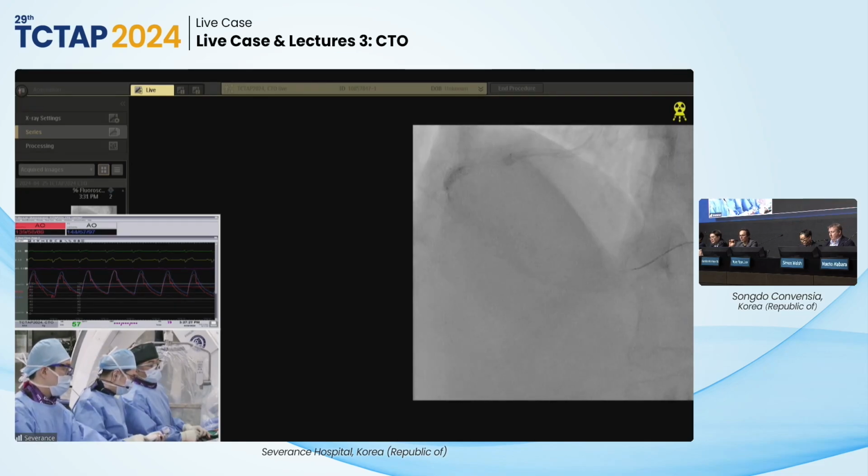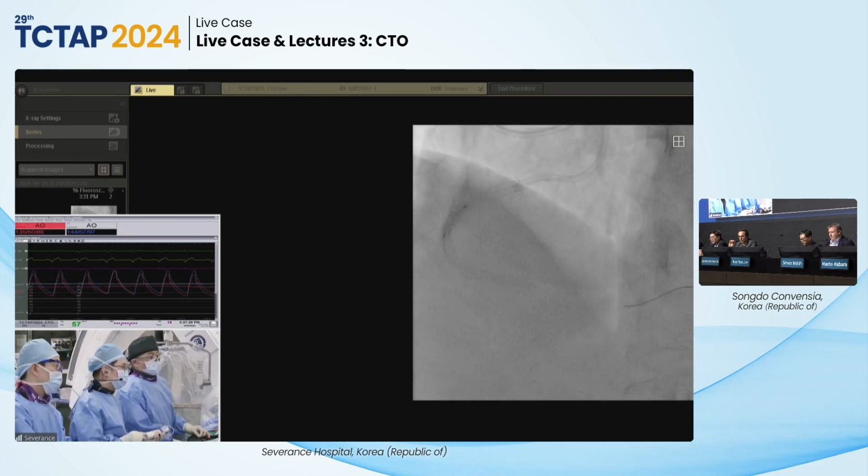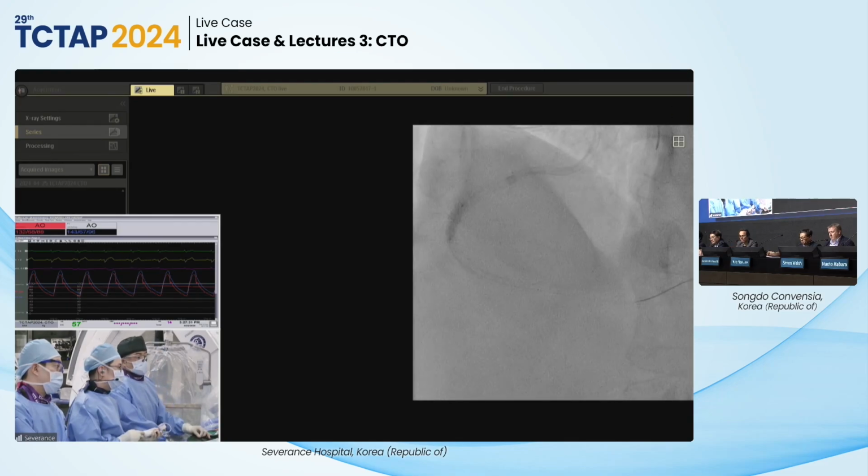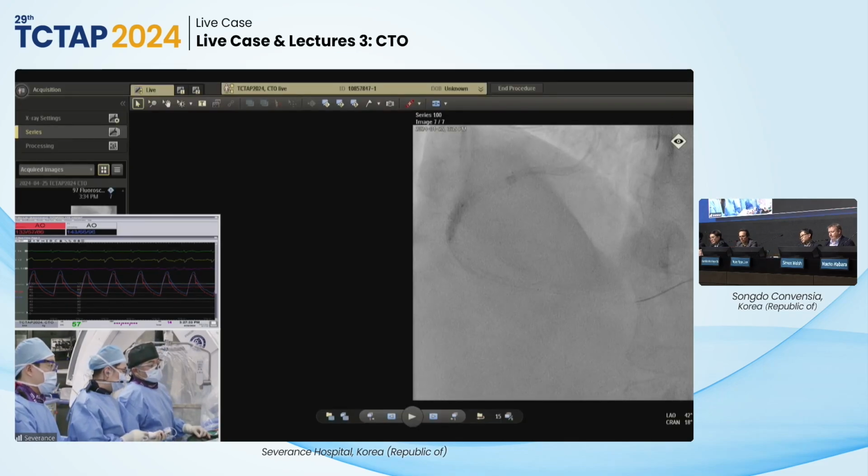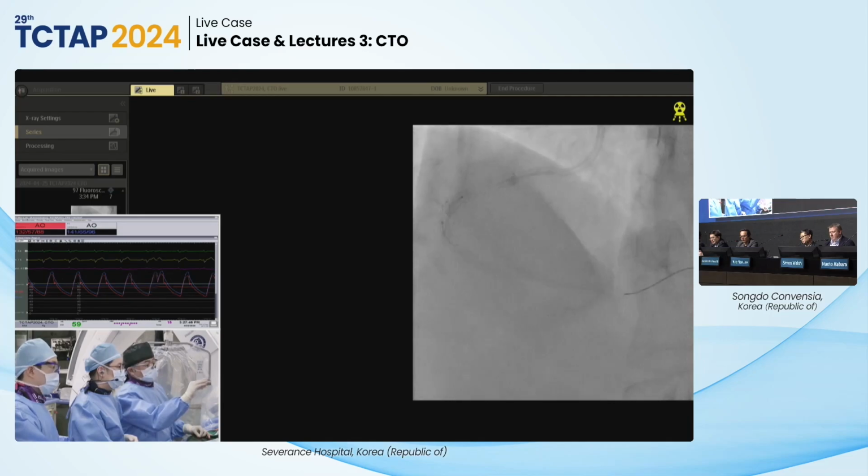So how much pressure do you have at this point? Okay, so actually the entry balloon size was 3.0. So actually the portion of the 3.5 proximal stent, usually the area is okay. As you can see, this is the 3.0 and also the previously classified region.